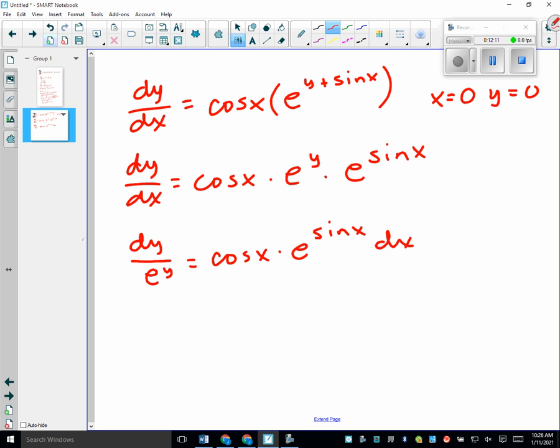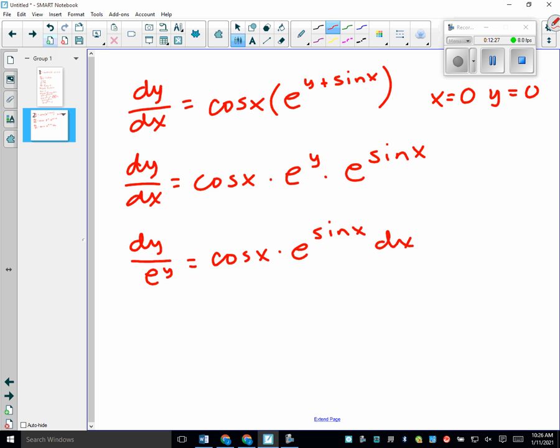Agree? All I need to do now is take the antiderivative, correct? Let's go to the left side and just work it.